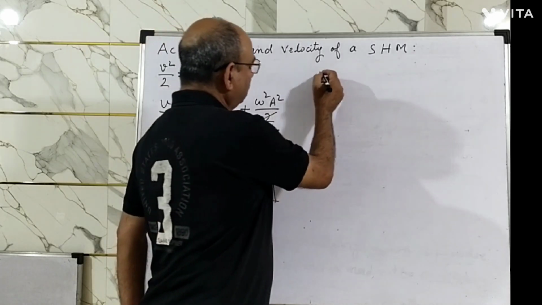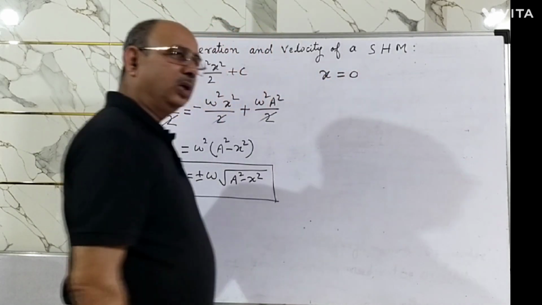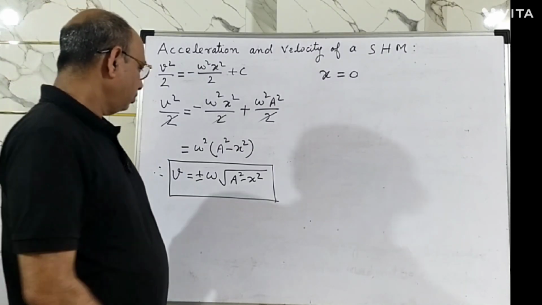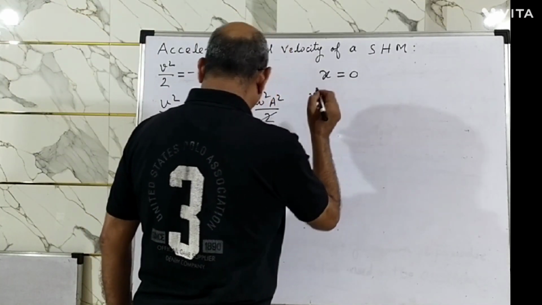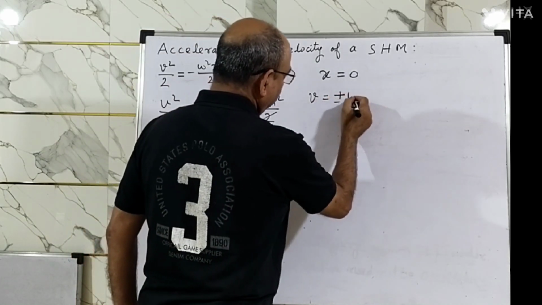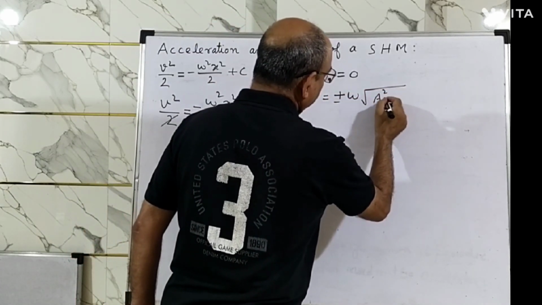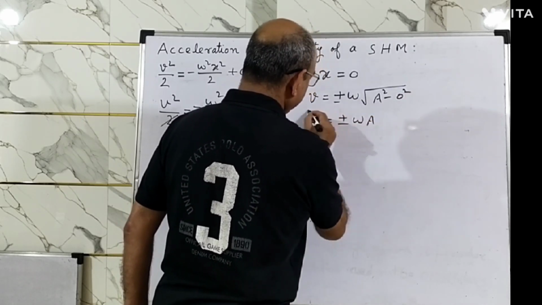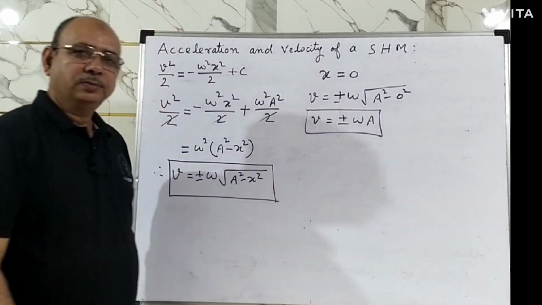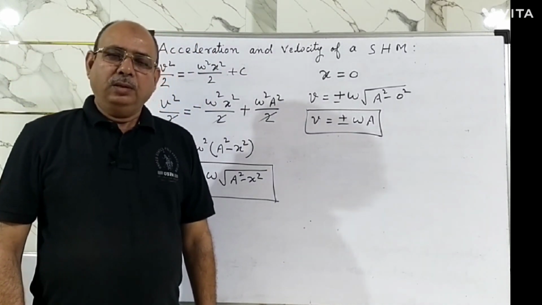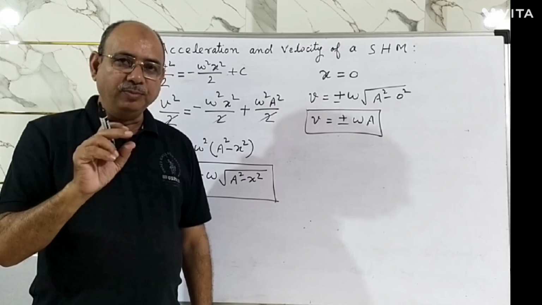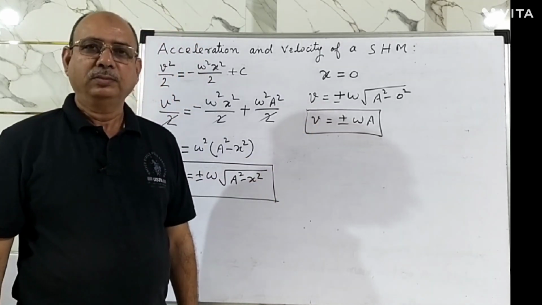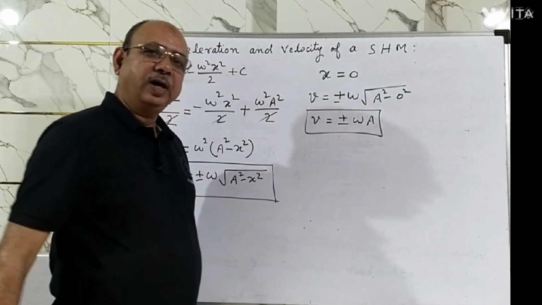When x is equal to 0, that is, body is at the mean position, velocity v will be equal to plus minus omega root of A square minus 0 square, or v is equal to plus minus omega A. That means when the body is at the mean position, at equilibrium position, this velocity is maximum, whose magnitude is omega A.